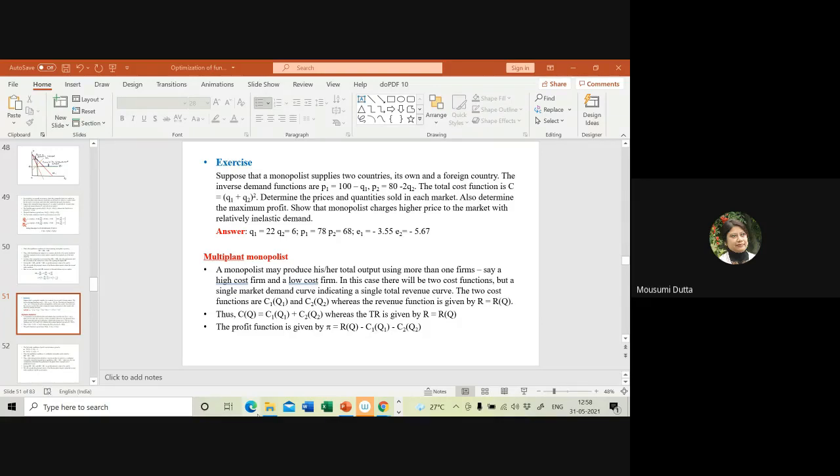Because you will take the derivative with respect to Q1 and Q2, it will be easier if you break the square. So I'm writing the cost as minus Q1 square minus Q2 square minus 2Q1 Q2. Everybody could write the pi equation? Should I repeat it?